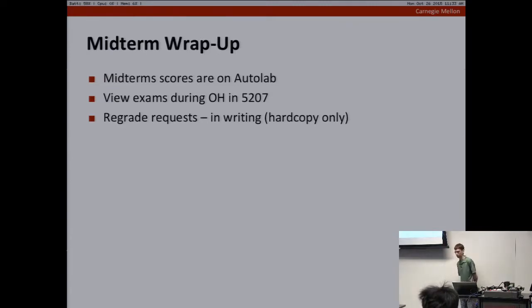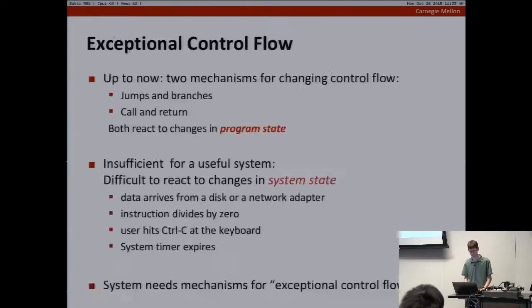If you go to his office and he's not there, you can slip it under his door. The process for that is outlined in the course syllabus, too, if you want to read it there. But it needs to be a hard copy written request, and that is even if you've already emailed the staff list or if you talk to a TA after your exam, you should still make sure you do that so that we are able to process your request.